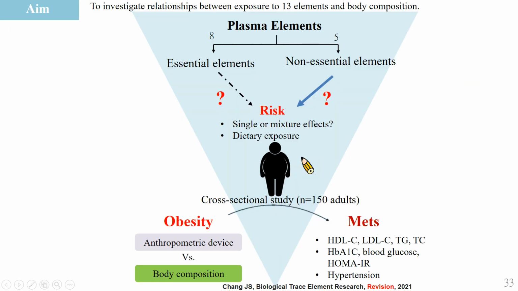So we also try to investigate the association between metal exposure and obesity and metabolic syndrome risk in our own cohort. In this case, we investigate the exposure to 13 elements, and we focus on body composition as well as obesity, and we also look at the risk of metabolic syndrome.